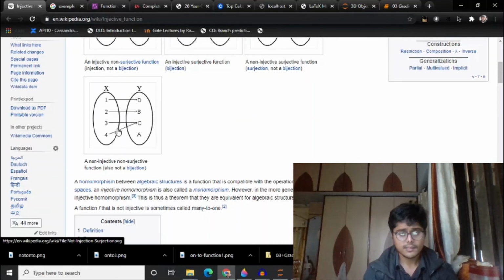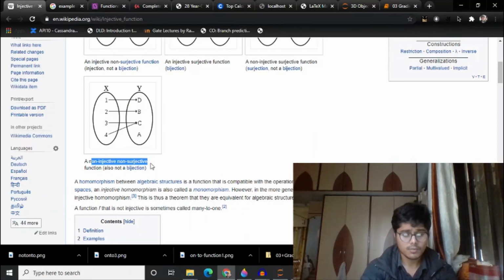So you can see that this function is clearly not injective, because these two elements are mapping to the same C. And also you can see that this is not surjective, because this element is remaining, guys. So this is non-injective and also non-surjective.